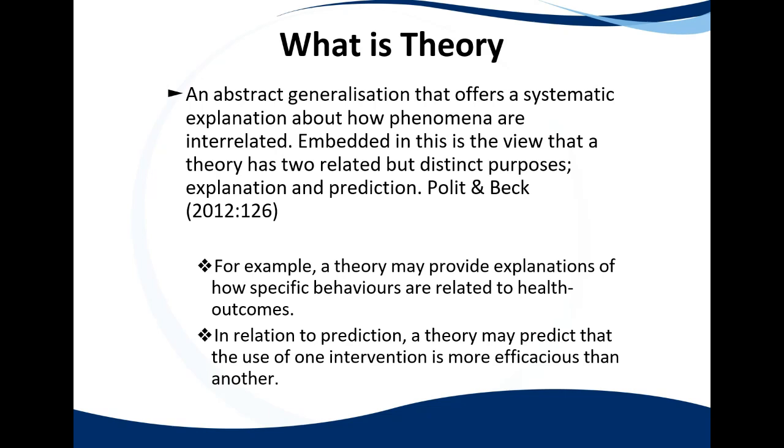Remember, right in the beginning, I said that we are moving to the more abstract parts of our research proposal or our research journey. So a theory is an abstract generalization that offers a systematic explanation about how a phenomenon is interrelated, or how different phenomena are interrelated.